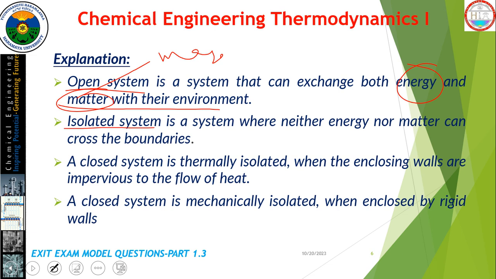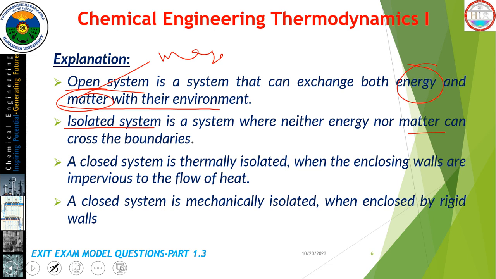The third one is the isolated system, which is neither an open system nor a closed system. In an isolated system, neither energy nor matter can be exchanged across the boundaries. This is considered an isolated system.